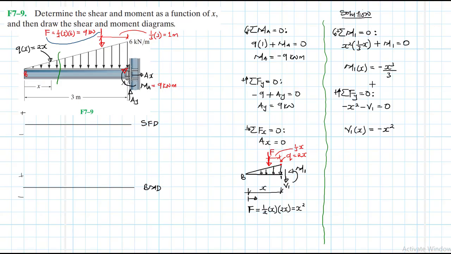So let's start with the shear. Shear is quadratic, and look at the equation. Before we go to the equation, let's look at the boundary at B. Of course, it should have been included in the equation. If you've done the equation properly, then you don't have to worry about that.